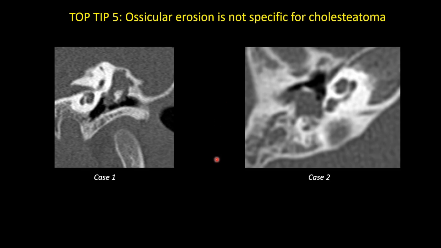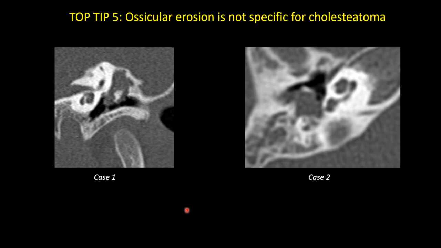Another useful tip is that ossicular erosion is not specific for cholesteatoma. And I wanted to stress this because this is quite a common scenario where we're asked to provide a report on a query cholesteatoma, and the clinicians ask us, could this be cholesteatoma or not? And we quite frequently see some non-specific soft tissue opacification in the middle ear cavities along with ossicular erosion.